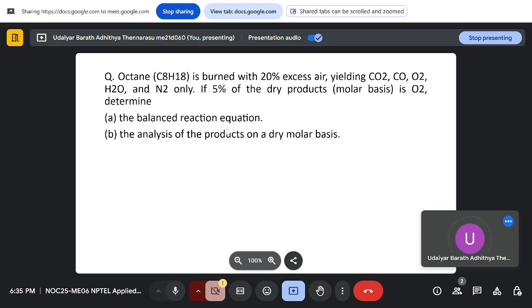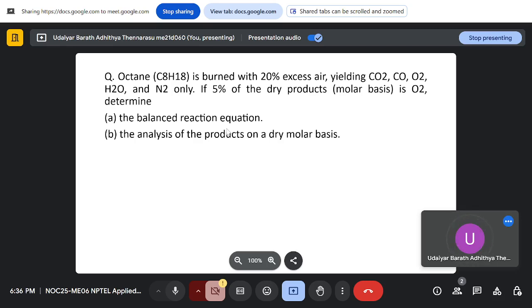So the next question is again a similar question. Octane is burned with 20% excess air, yielding carbon dioxide, CO, oxygen, O2, H2O, and nitrogen. We are burning with 20% excess air, but we still have CO, so there is no complete combustion.